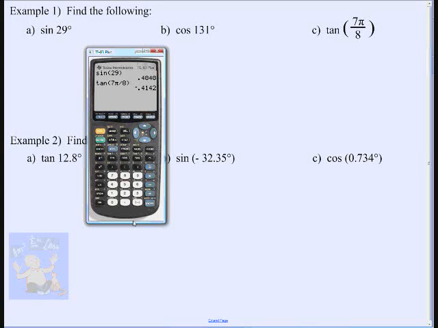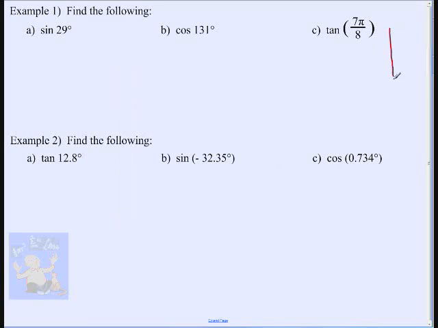Oh. And it turns out to be negative. What do you think of that? Well, I probably should have recommended this to you, when you do these, it might be a good idea to draw the angle. This would be 4 pi over 8.